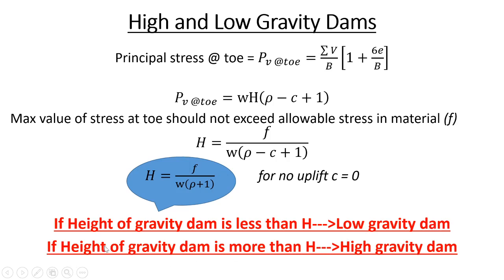If the height of the gravity dam constructed at a site is more than this value, then it is called a high gravity dam. So this is the basic difference between low and high gravity dams based on this equation. Usually in exams, it's a common question: differentiate between high and low gravity dams. So this is the explanation for high and low gravity dams.